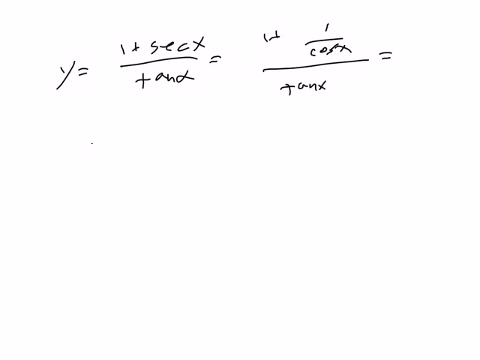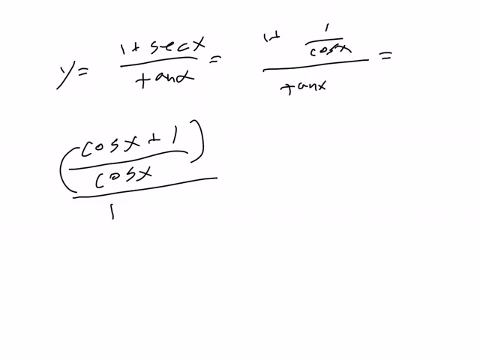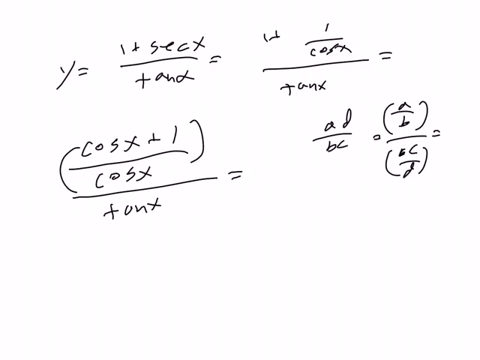This is equal to cosine x plus 1 over cosine x all over tan x, and again, a over b divided by c over d is equal to ad over bc.